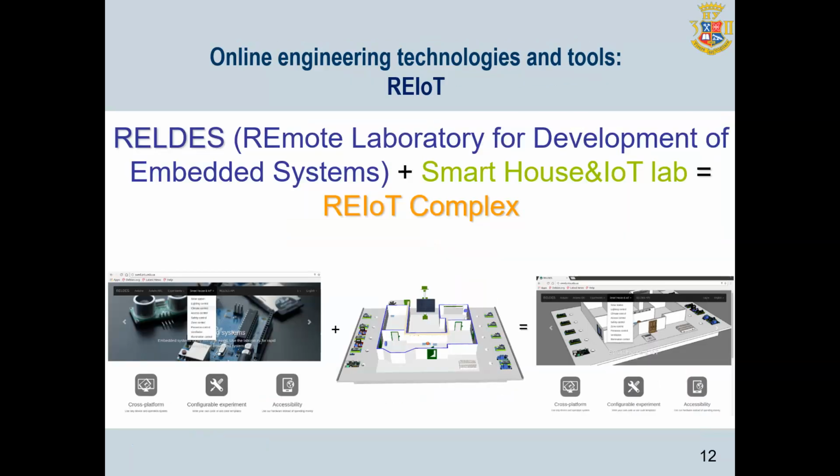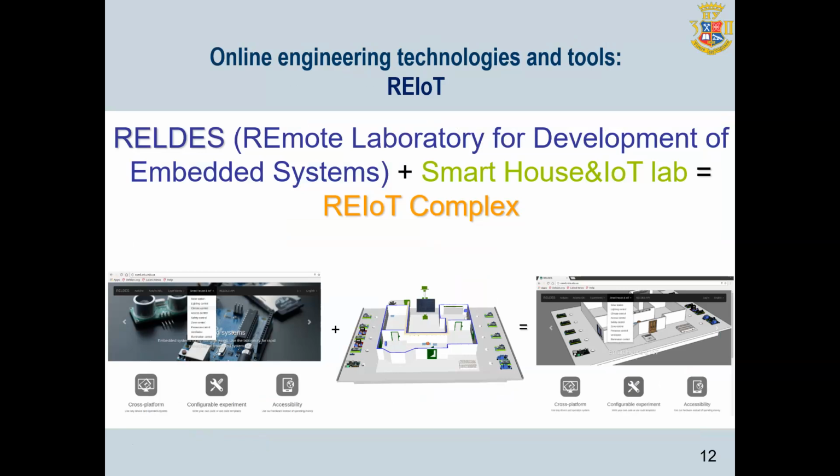The next object of our consideration is the integrated complex IoT, which contains real equipment and a virtual model. Therefore, it can be classified as a hybrid remote laboratory. It includes two interconnected parts: a remote laboratory for development of embedded systems and a Smart House and IoT Laboratory.